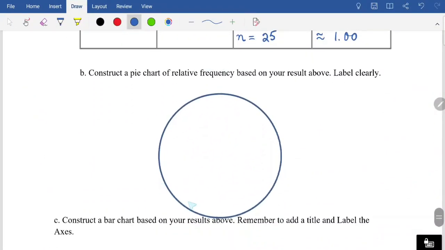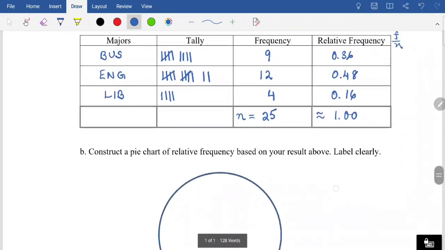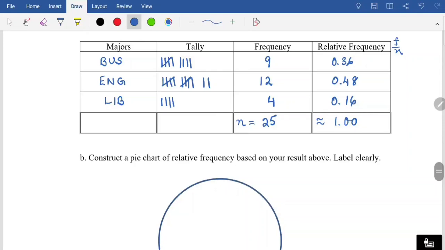Because it's a circle, the process we are going to use is to piece up the circle into pies, that's why it's called a pie chart, using the angle and the relative frequency values.